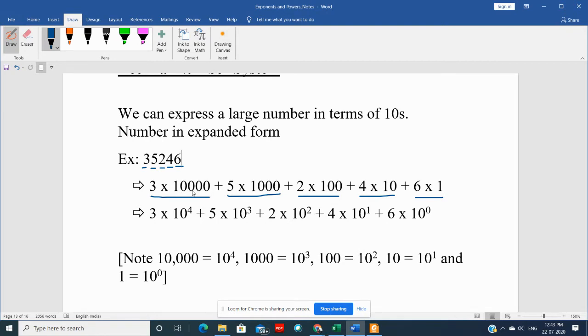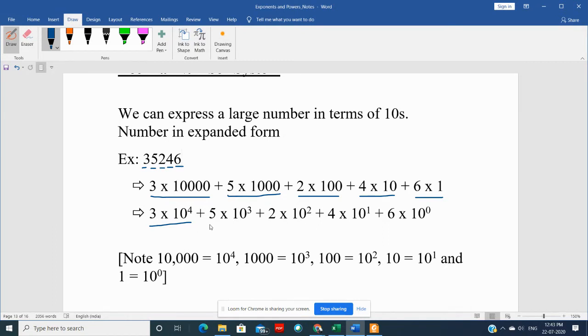So we need to reduce this number in terms of tens. So here, this 3 into 10,000 can be written as 3 into 10 raised to 4, because 10,000 is equal to 10 raised to 4, right? You don't have to write 10,000. You can just write 3 into 10 raised to 4.